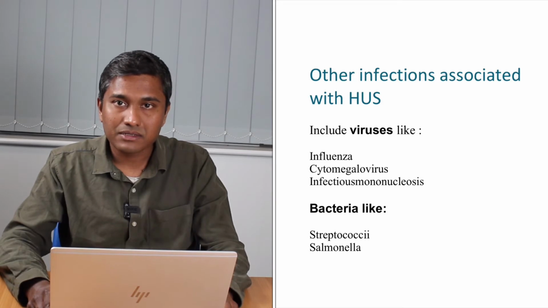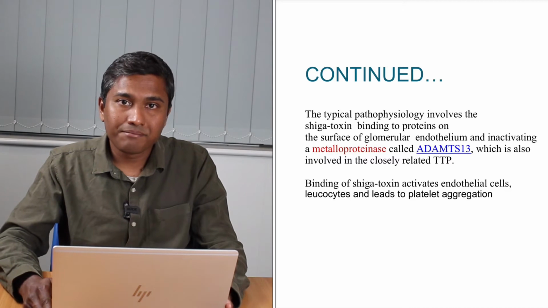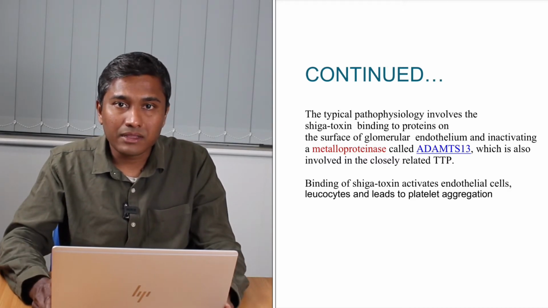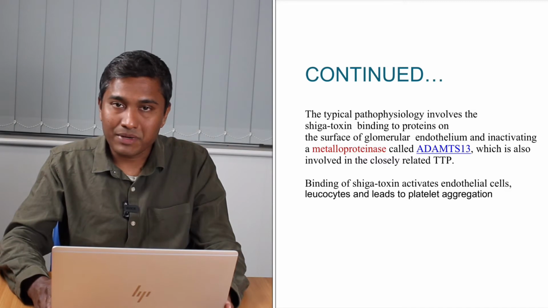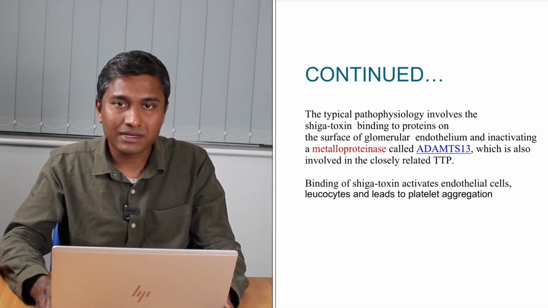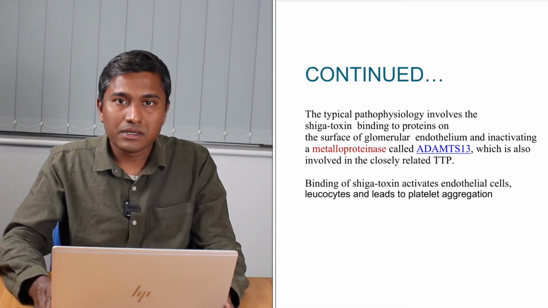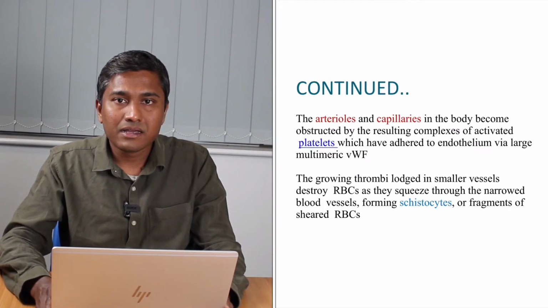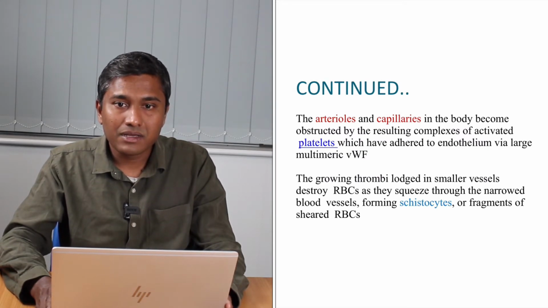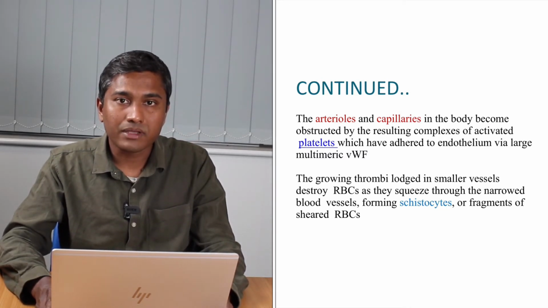Typical pathophysiology involves Shiga-like toxin binding to the endothelium in the glomerular membrane. This leads to activation of leukocytes, aggregation of platelets, and activation of endothelial cells. So when this happens, there will be platelet aggregation on uncleaved von Willebrand factor, and this causes microthrombi throughout the body.